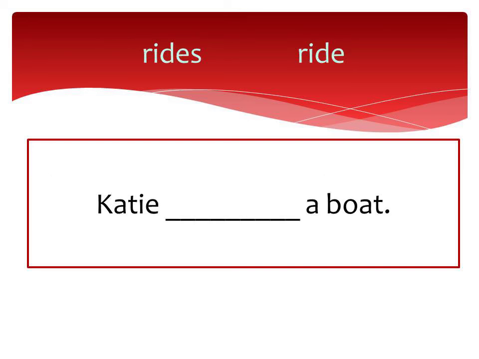Katie rides or ride a boat. How many subjects do we have here? It's only one, Katie. So the verb should be in singular form with S. Katie rides a boat.